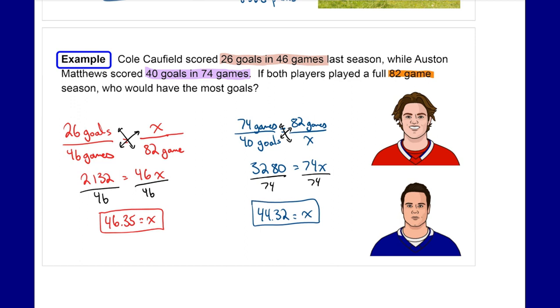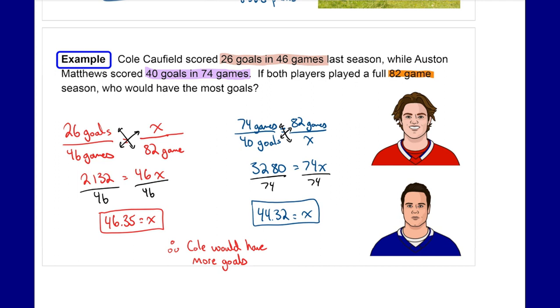So that means if both players played an 82-game season, Cole would have more goals. We would predict that he would have roughly 2 more goals than Auston Matthews if they both played a full 82-game season.